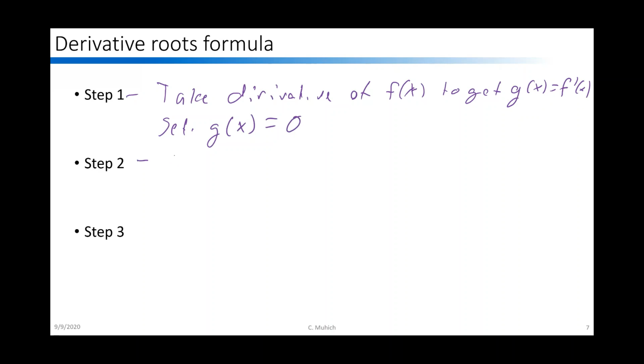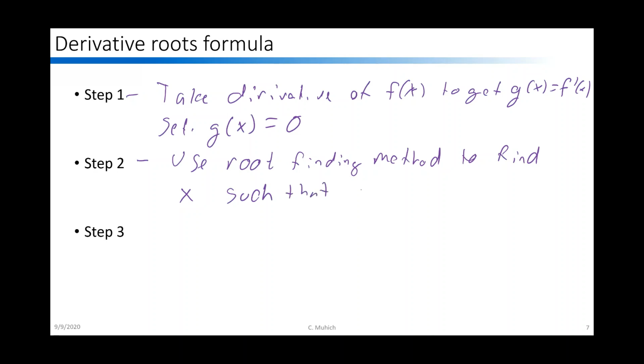Then in step 2, we use a root finding method to find x such that g of x equals 0.